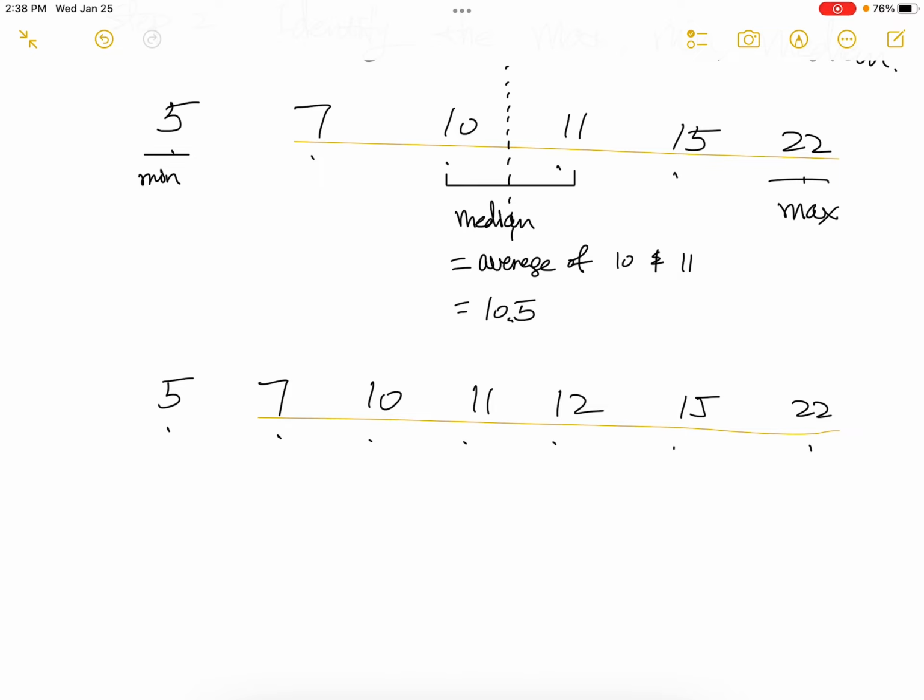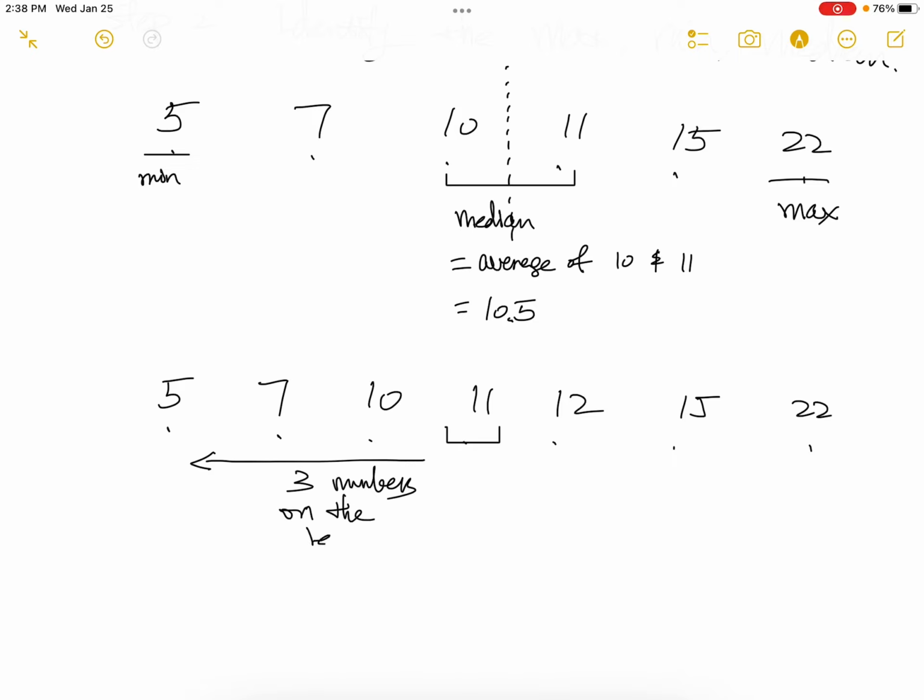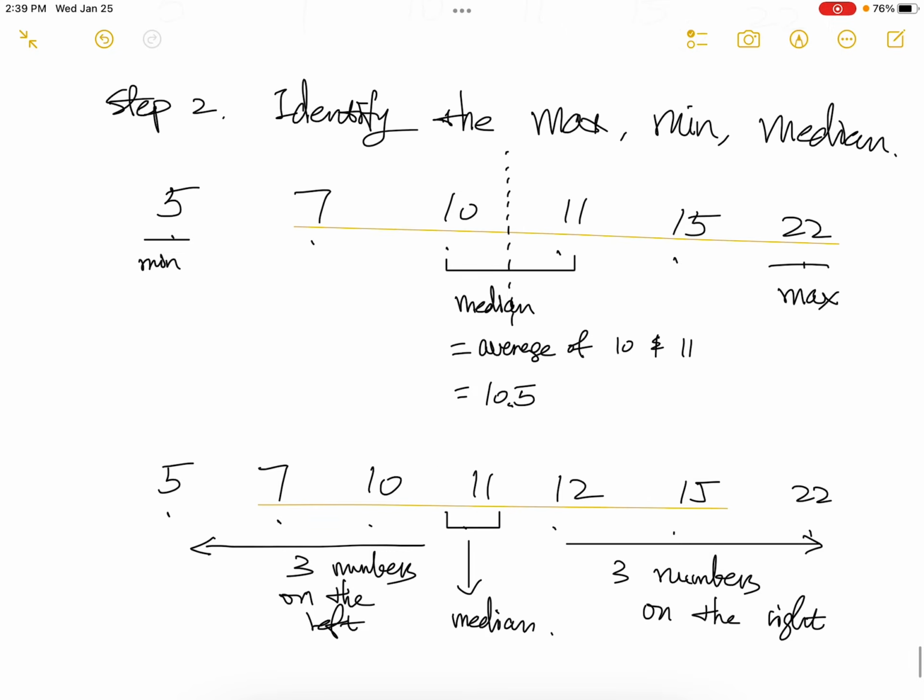So then the median is basically this number here, where you have 3 numbers on the left, and then the same amount, 3 numbers on the right. And this is the median, the 11, right? Whereas in the example that we did here, because there are an even number of numbers, the median is always going to be the average of the middle 2 numbers, okay?